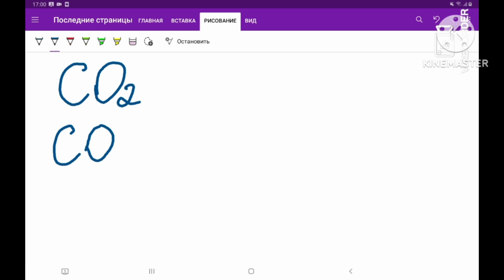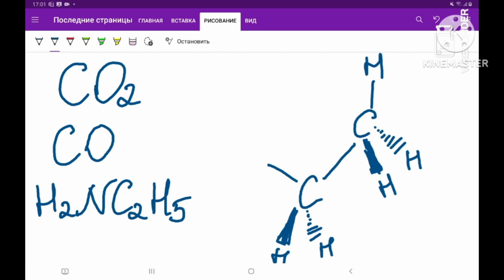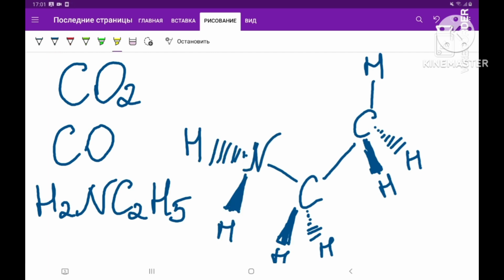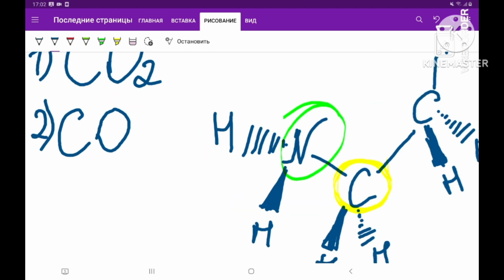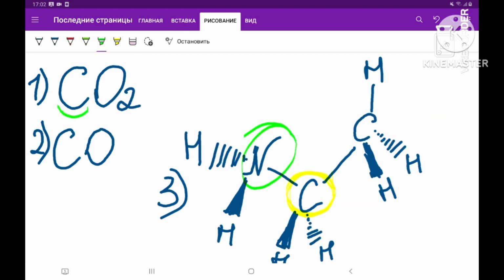I will even draw it in the open form to make it easier. In this molecule you should try to find the hybridization of carbon and nitrogen. In the other 2 molecules you have to find the hybridization of the carbon atom. Try it by yourself, write your answers, and let's check if it's correct or not.